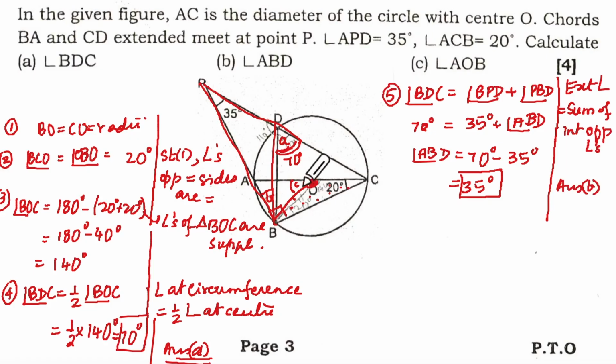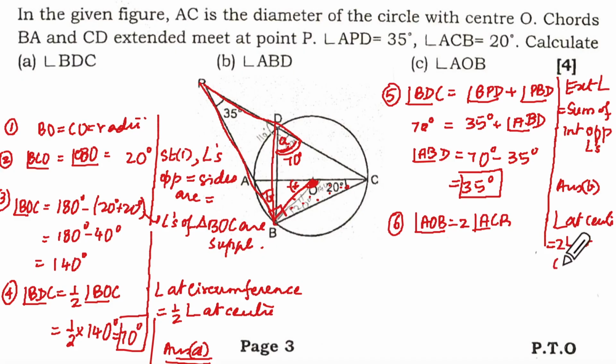Then AOB. AOB is very simple. This is going to be double of this 20. Correct, no? Yes, ma'am. Angle AOB will be twice angle ACB. And here I'll say angle at center is twice angle at circumference.